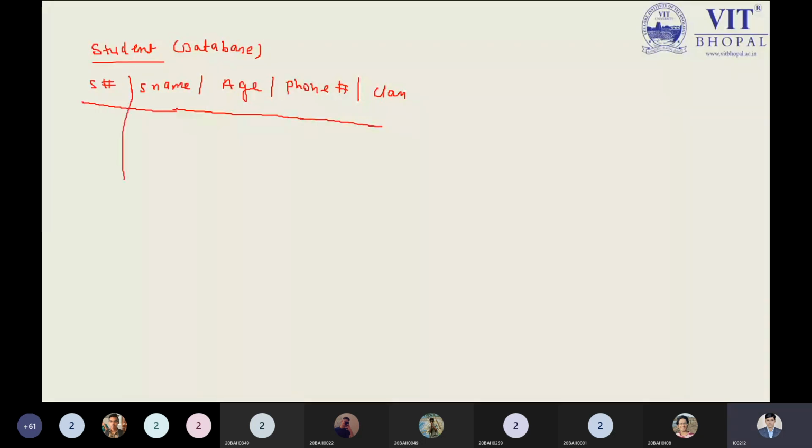This is some information I'm putting over here in the form of the properties of students: student number, student name, age, phone number, and class. I'm just putting two details only for understanding purposes, nothing else special.